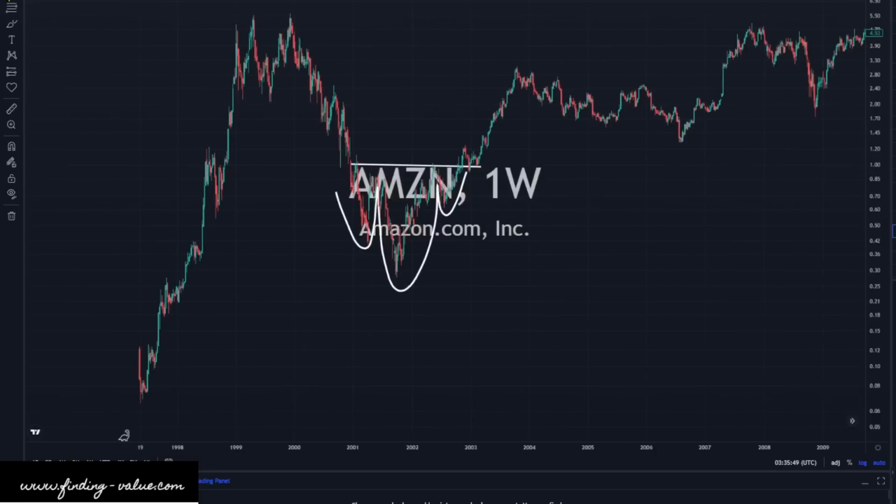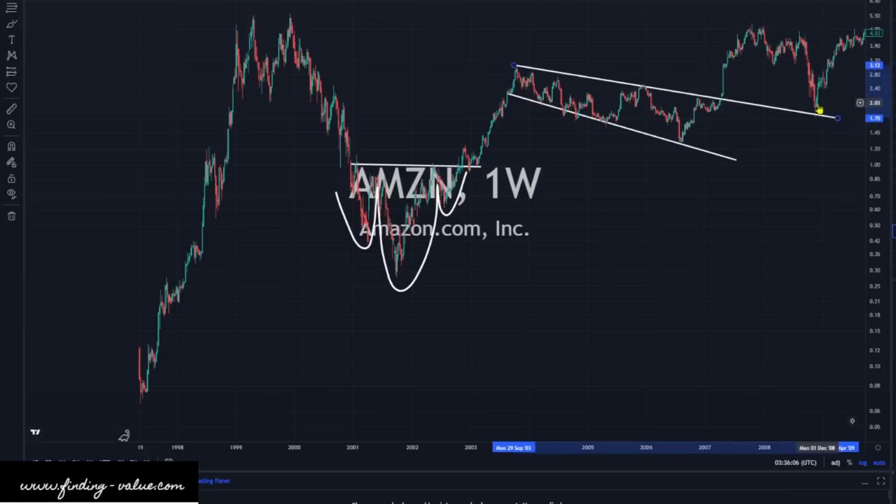So what it did is it consolidated and created another consolidation area. And if we draw this in, you can see that it's a kind of megaphone type pattern and finally broke to the upside there. It even did a backtest later on in 2008 and 9, even though it broke out in 2007.